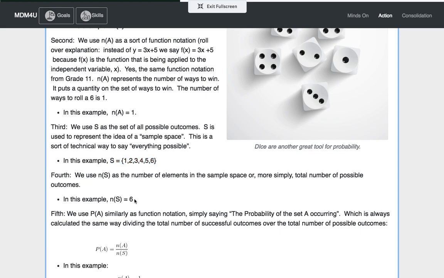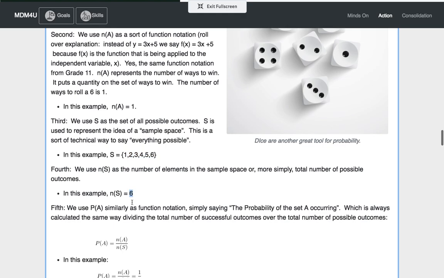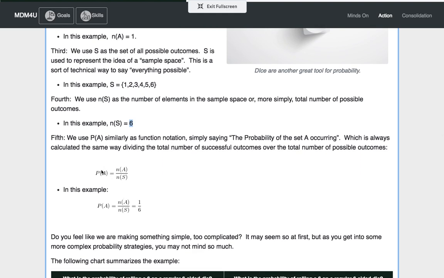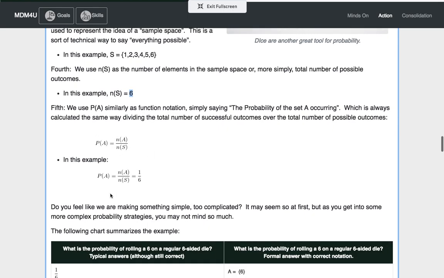This means that there's 6 possible solutions. We write the solutions out up here, and then we add them all up, and in total there's 6 possible solutions. So when we write it, we should write it like this. This is the formula for it down here, and eventually we get n(A). This is the probability of set A occurring, and then this is out of the possible outcomes. So there's 6 possible outcomes, and we want the number 6 to be rolled.